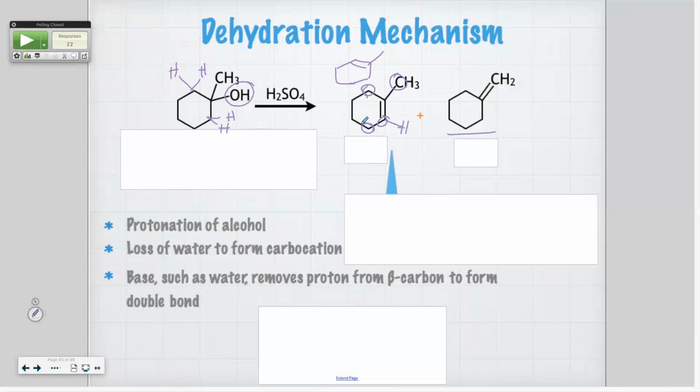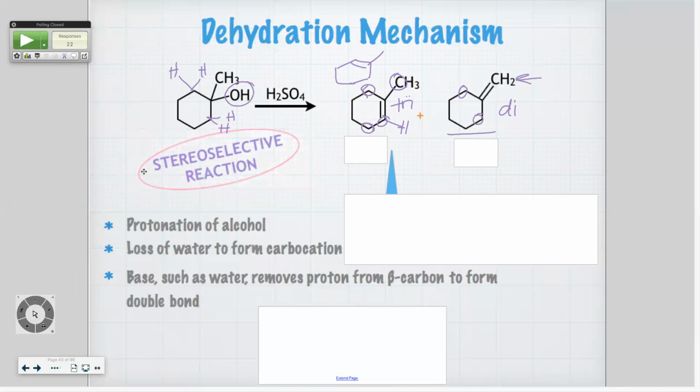An H. So this one's tri-substituted. What is this one? How substituted is that one? I'm going to have to put these questions on the test. Di. The H's don't count. You look at the carbons of the double bond, how many R groups do they have?